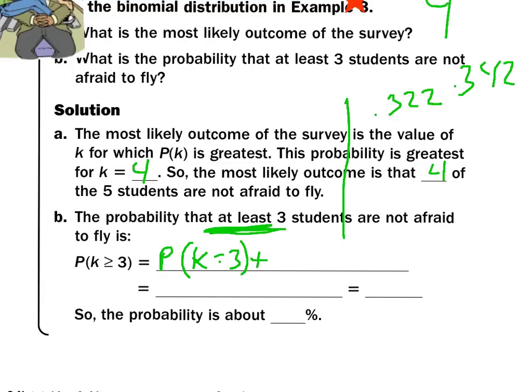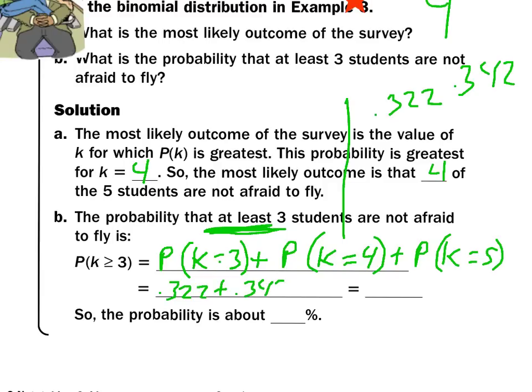So that's an or statement. 3 or 4 or 5, right? 3, 4, or 5. So what I'm going to do is add up those 3 things, which would be 0.322 plus 0.342 plus 0.145, and I get 0.809, or an 81% chance that that's going to happen. So that's pretty good stuff. That makes sense.